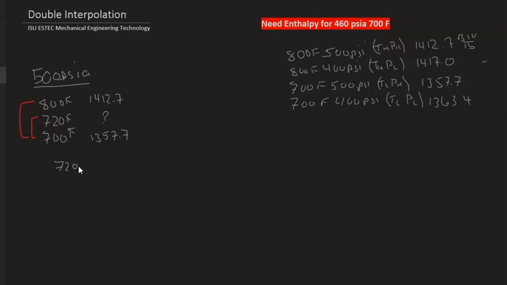We'll take the 720 minus our 700 and divide that by our 800 minus our 700. So we're taking the ratios across there.